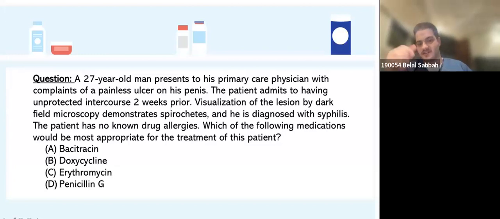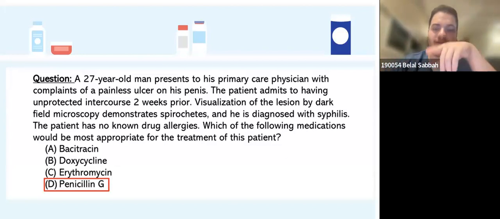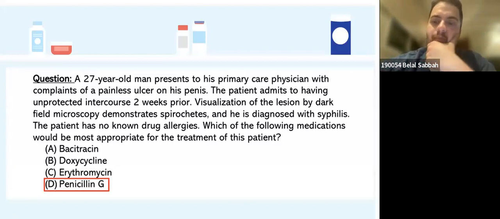What class of drugs is doxycycline? Tetracycline. Okay. So B is a good answer, but the answer here is D. In syphilis, you always prioritize giving penicillin. So when do you give tetracyclines?